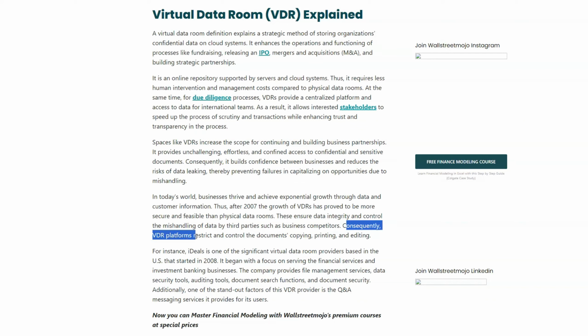Consequently, VDR platforms restrict and control document copying, printing, and editing.